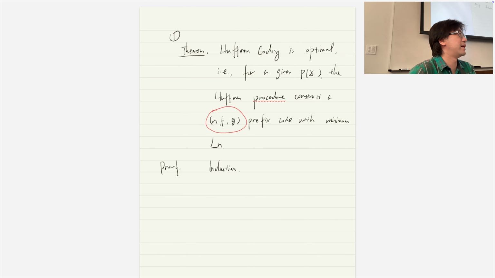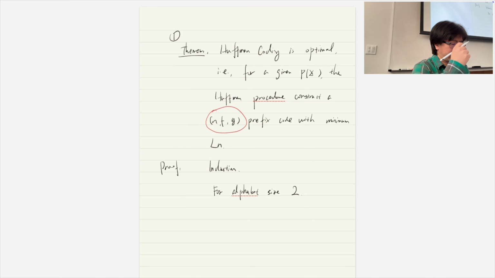If the length of the alphabet is 1, then what do you want to do with it? It always happens with probability 1. So the first non-trivial case is where the alphabet size is 2, okay?